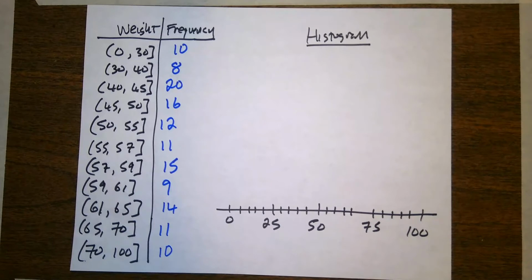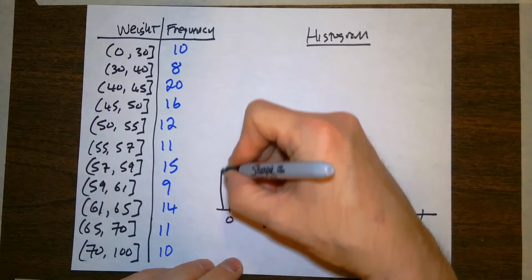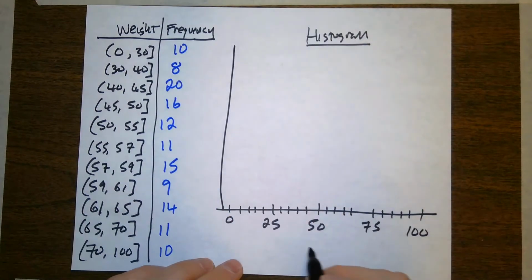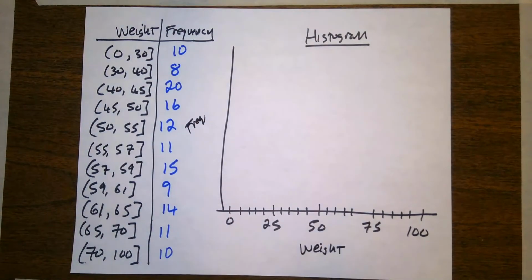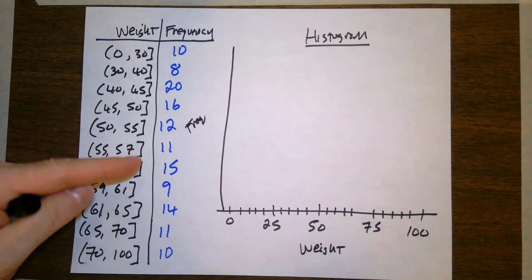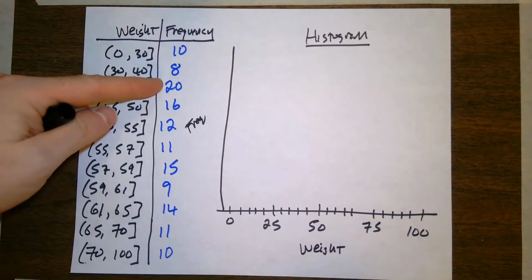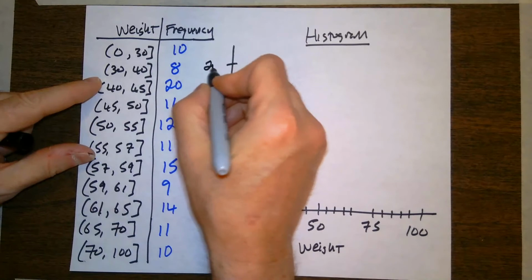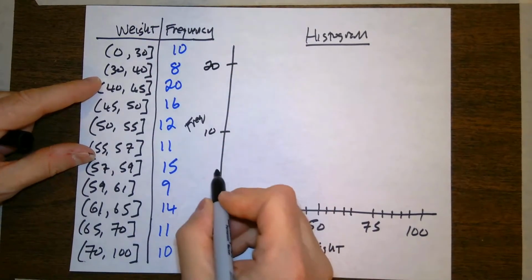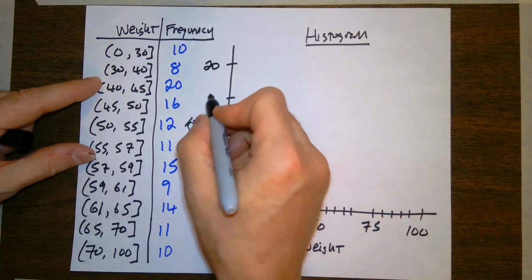All right, and as I look at my different classes, in my first class, I need my vertical axis here. This is my frequency, so this is the weight of the fishes, and this is my frequency. I notice I'm going as high as, what's my biggest number here? 20? So if I call this 20, 10, 5, 15.